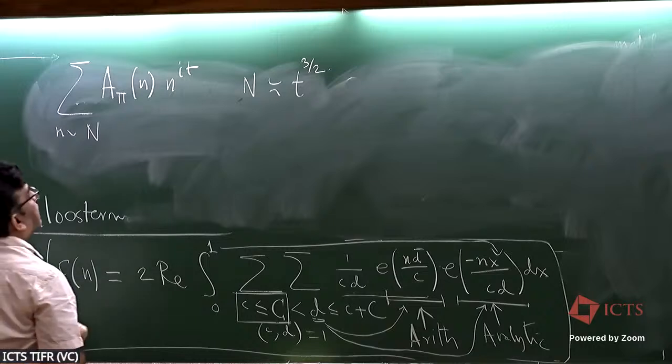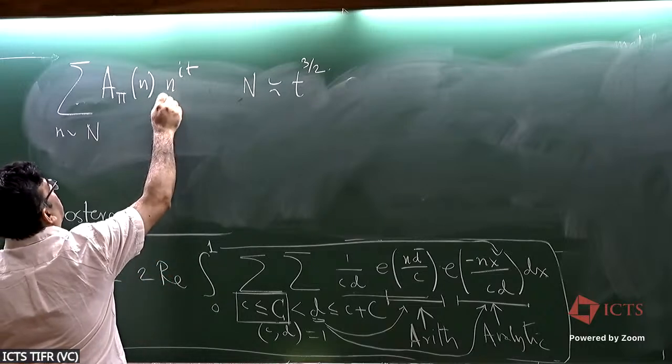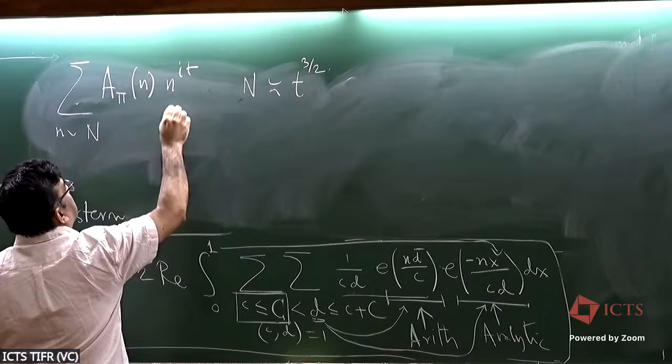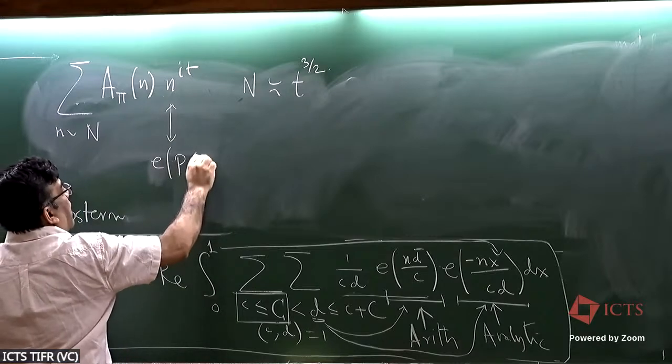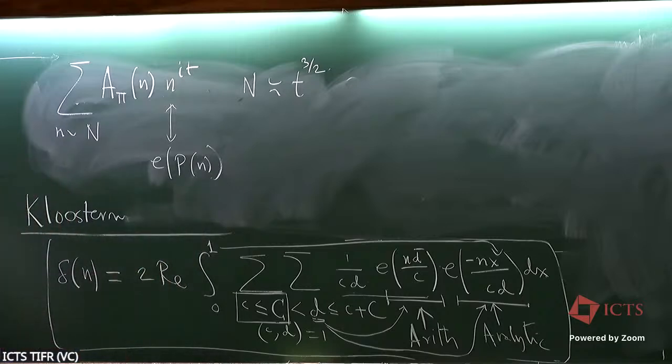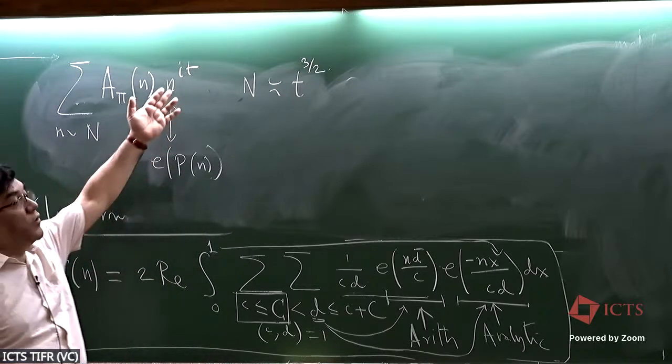Actually, in our case, it will not be that important to have n to the power it. You can replace it by a more abstract phase function, which is oscillating like small t.